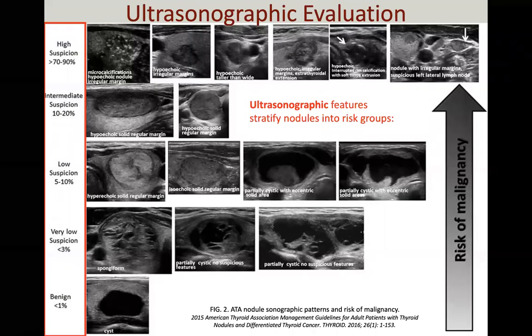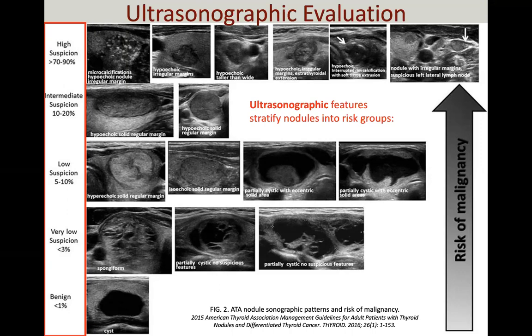So on ultrasound, there are features that stratify nodules into various risk groups. The ATA, the American Thyroid Association, has given us examples ranging from a very benign cystic hypoechoic lesion on the bottom, very well circumscribed, to things that develop more solid areas, things that develop calcifications, spiculated borders, et cetera.